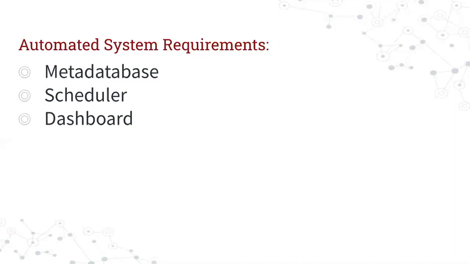Next is a scheduler. How often you run a task is variable. Some tasks run every day, and you can just set it up to run at 12 o'clock at night every day. That's probably the most common thing I'll see: most people will just say, at midnight, run this task. But sometimes you might want something to run every Monday, sometimes every Tuesday at 8 in the morning, sometimes just once a month, whatever it might be.